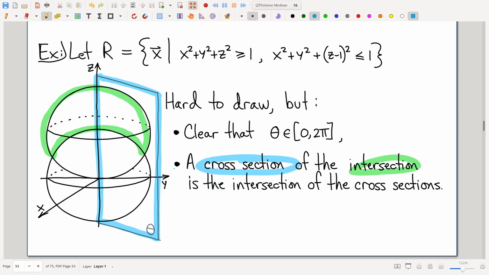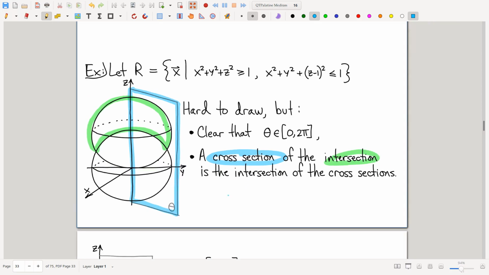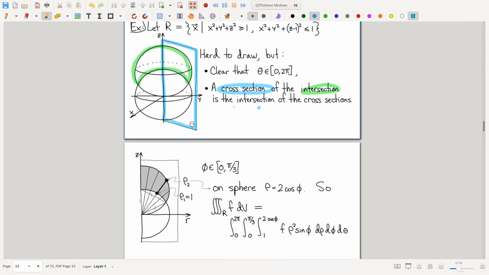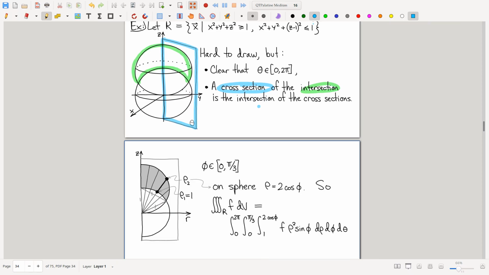Neat observation: a cross section of an intersection is the intersection of the individual cross sections. And it turns out that the individual cross sections are just a lot easier to draw. So in particular, if I want to look at the individual cross sections, okay, here's one of those theta cross sections.